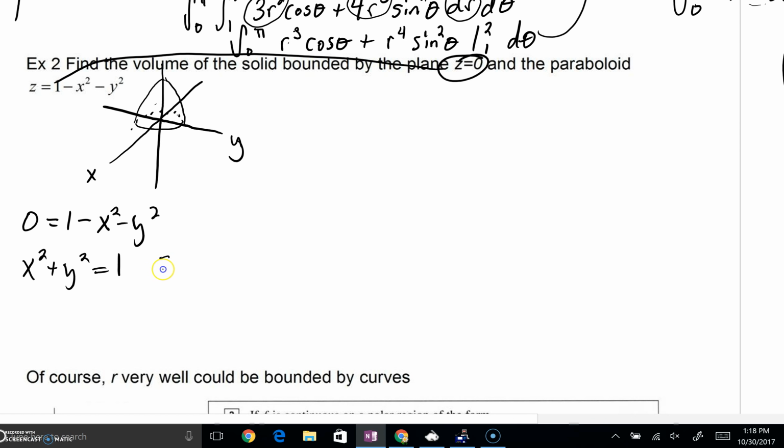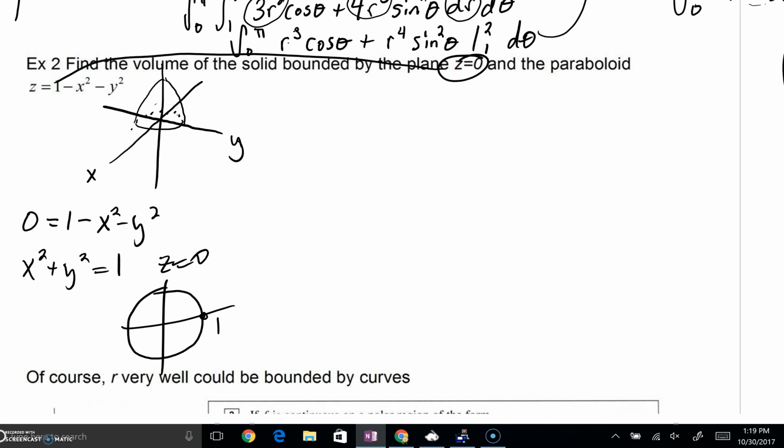Now, when z equals 0, of course, we're going to say, well, I've got a circle, and I've got a radius of 1. You see, you've dealt with some of these problems last week, and you could think of this either as a type 1 or a type 2 region, couldn't you? This one you could truly look at in either way.